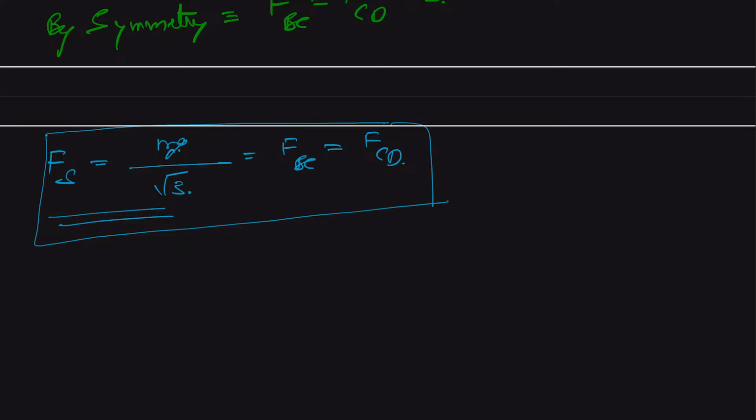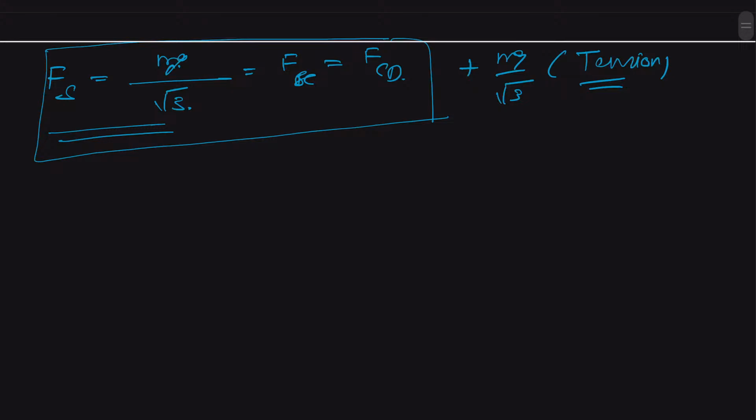Both these forces FBC as well as FCD will be acting as tension. So we write this as a positive mg by square root of 3 and it will be a tension force, because we have to identify them as compressive or tension. Okay. Now we come to joint B.